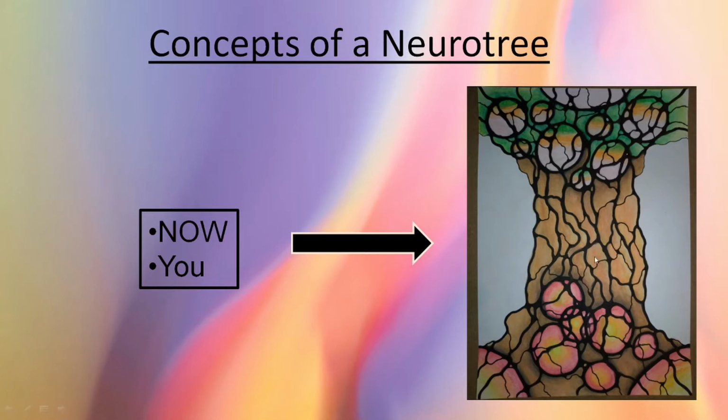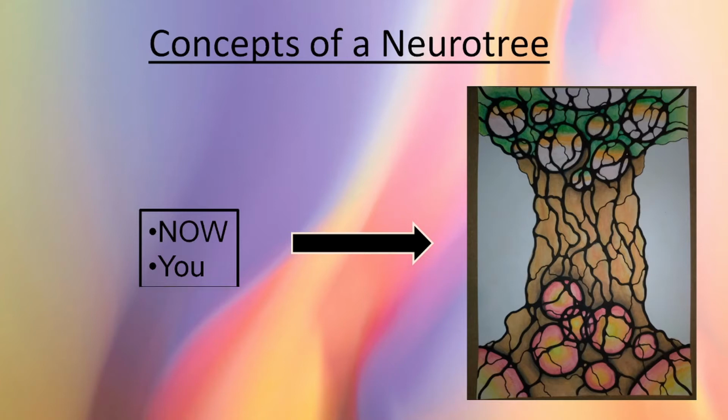So if you were to be drawing a full-blown Neurotree algorithm, you would be drawing yourself here and what you want to achieve here. So in this case, you would be drawing yourself and your wish or your dream in the part of the trunk. Okay?